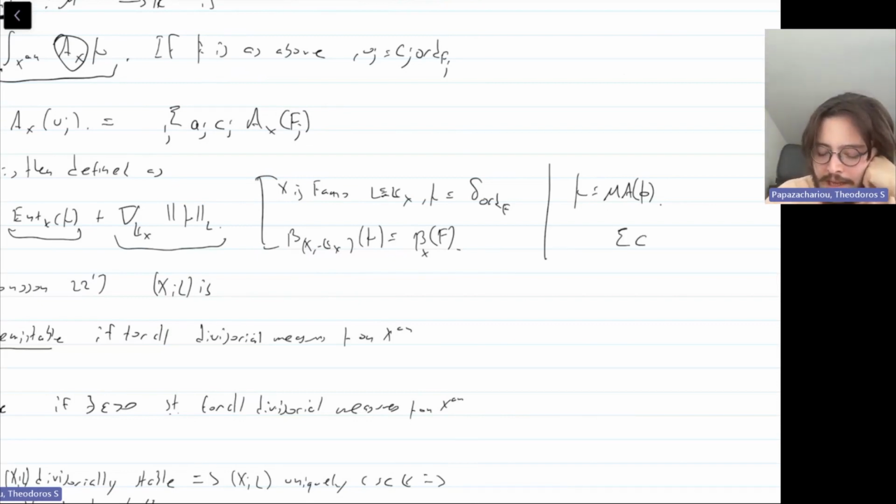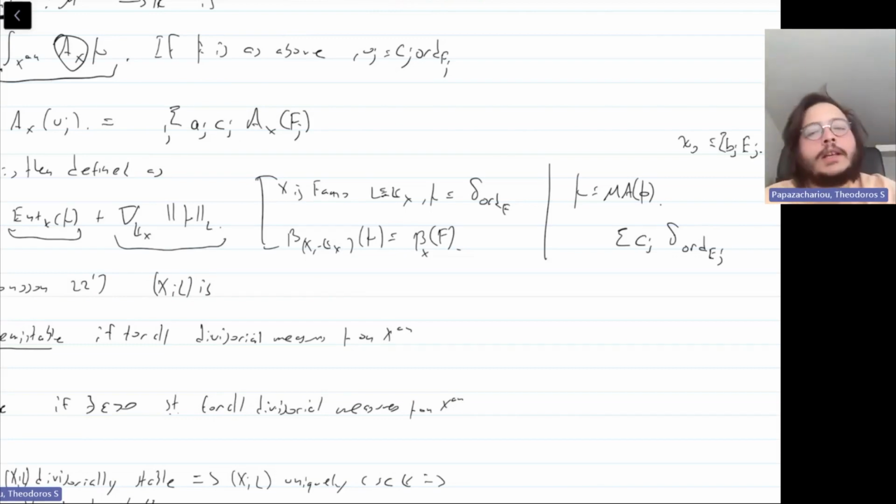It's essentially a sum, times some coefficients which I don't really remember, of the delta distributions of ord_{E_j}, where the E_j are, as before, the cycles of the central fiber of the test configuration. Whereas when you consider Fano varieties, you only need to consider special test configurations, where this is irreducible, so there exists essentially only one divisor, really.